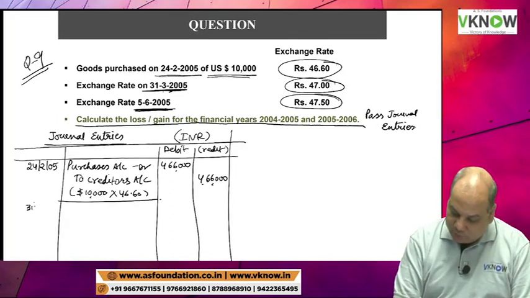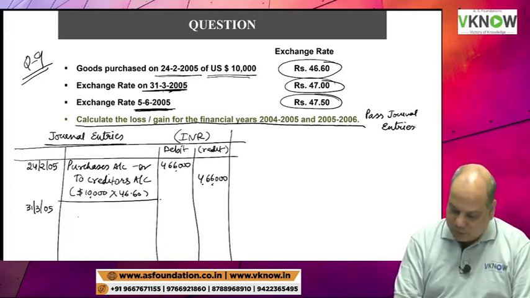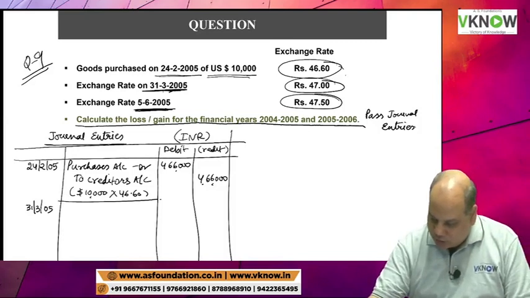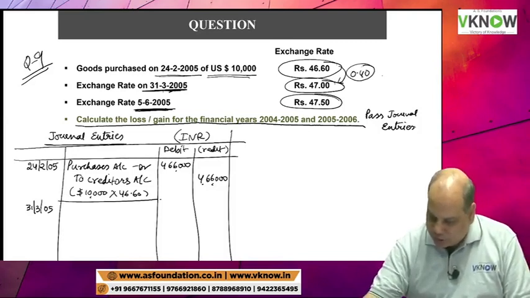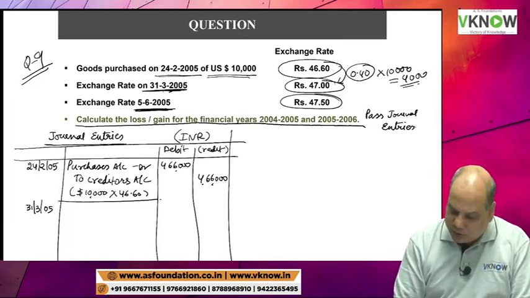Then on 31st March 2005, there is an increase by 40 paise. 40 paise into 10,000, 4,000 rupees exchange loss will be there.